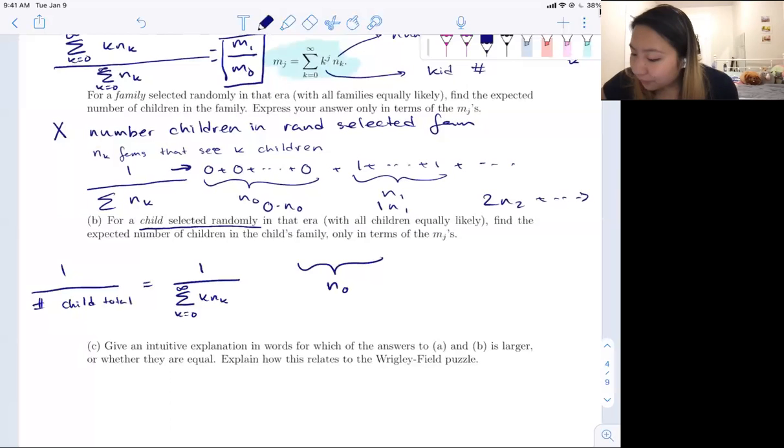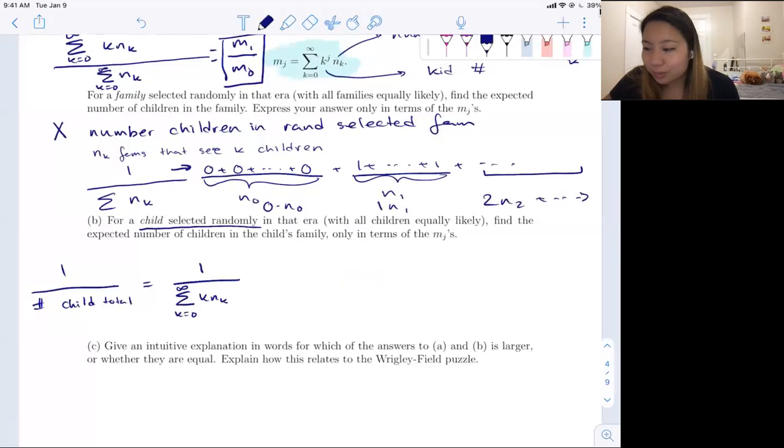For each of these children, there's not going to be any children to count for the zero-child families, but these 1 children are each going to see 1 person. Every one of these 2 children is going to see 2 people.